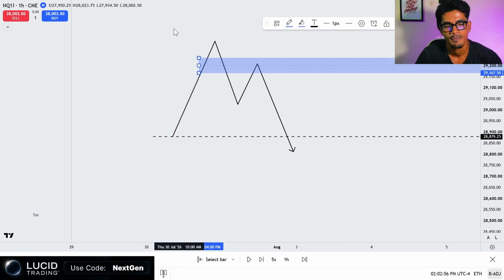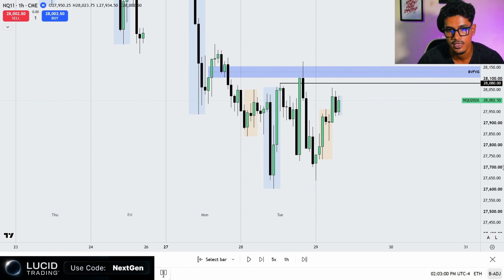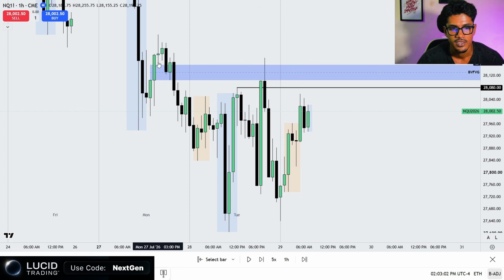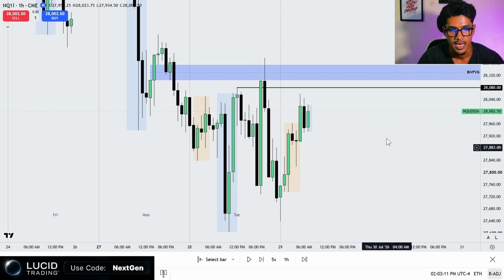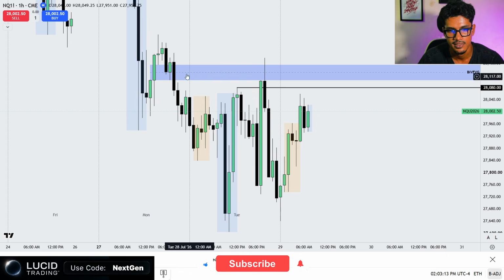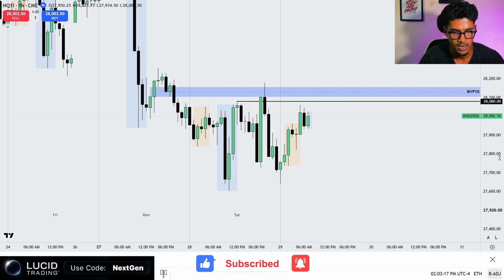Let's go back to the chart. As you can see here, we have this bullish invalidated fair value gap, and we engineered all these buys just below that. At this point in time, I was bearish.